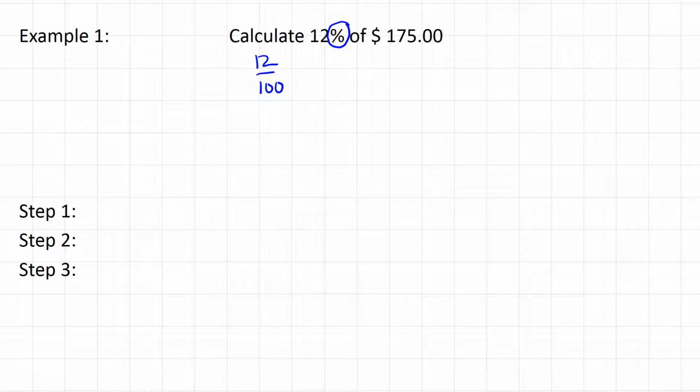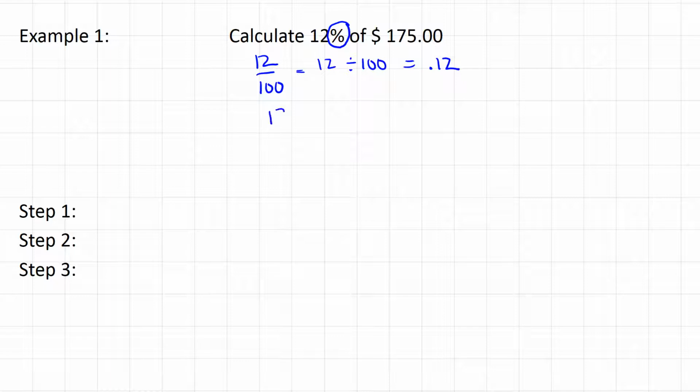And if you pick up a calculator and take 12 divided by 100, you will see that it's 0.12. Every time you divide by a power of 10, you are going to move the decimal point.